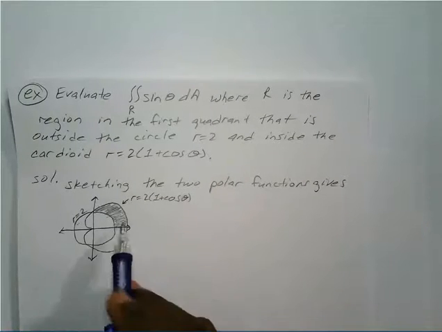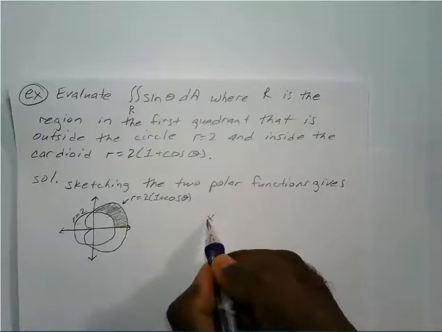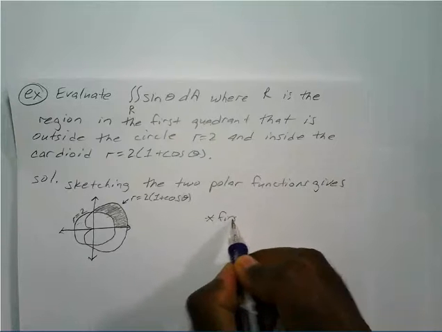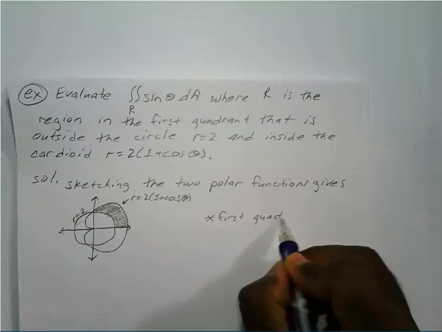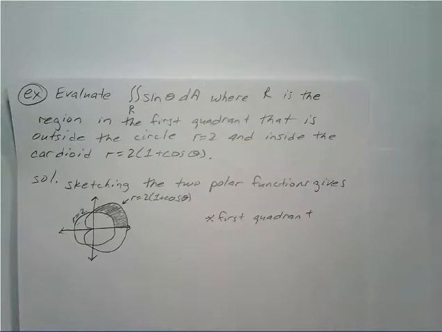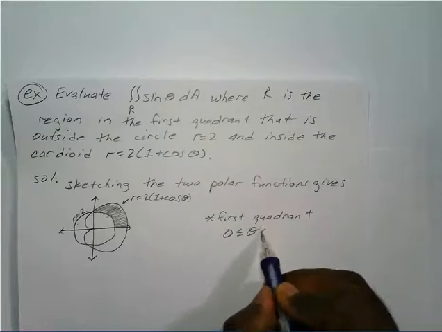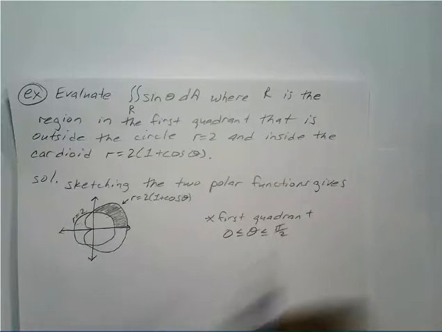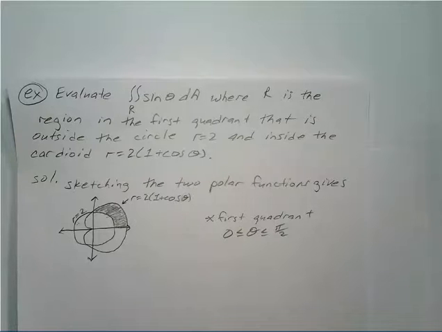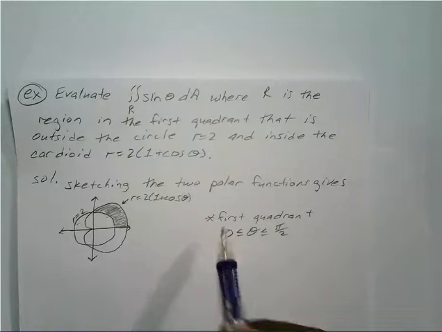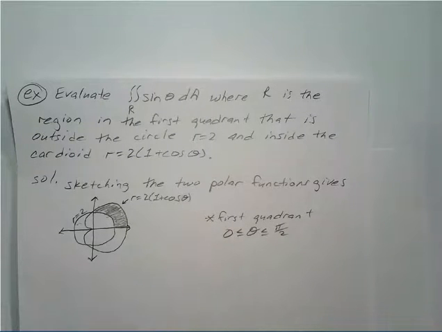As soon as you see first quadrant, we know that our theta is between 0 and pi over 2. Now we just have to find our actual functions.